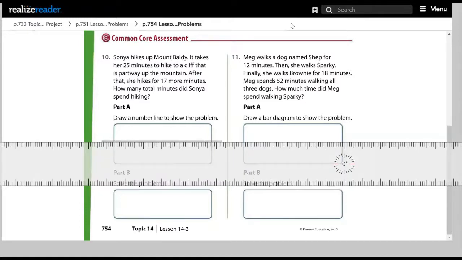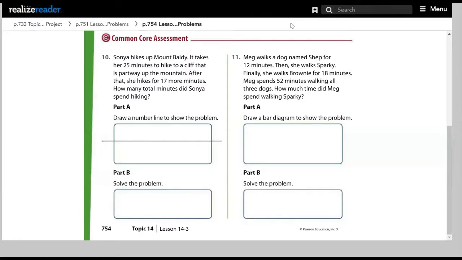And then because it's the minutes 25 and 17, so we will start from 0, 10, 20, 30, 40, 50, and so on.